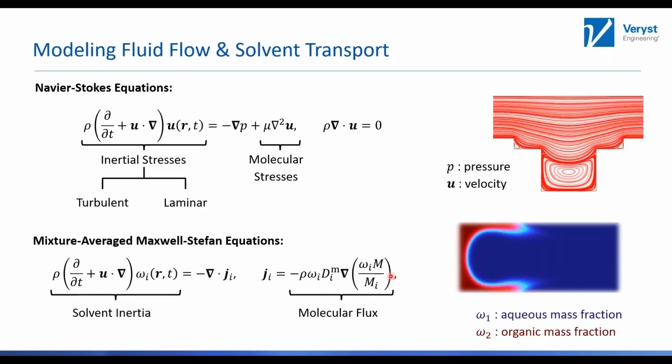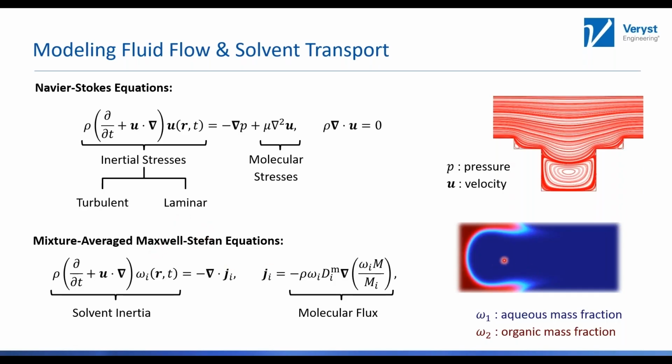The way these processes are modeled in COMSOL is using a combination of the fluid flow modules and the transport modules. So the fluid flow modules essentially involve the solution of the Navier-Stokes equations for the velocities and the pressures in the fluid. But since we have typically two solvents, these fluid flow equations, which apply to both the turbulent and laminar cases, must be coupled to transport equations for the solvents.